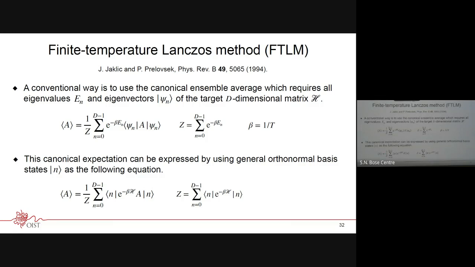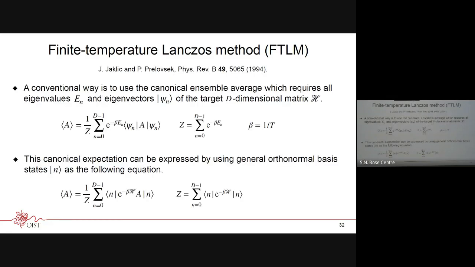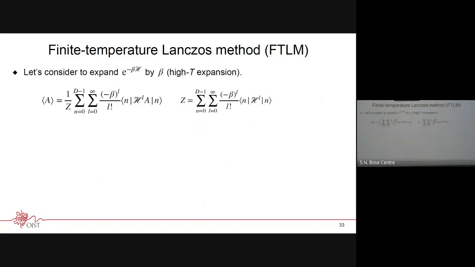So that is linear algebra. Let's think about expanding exponential minus beta H acting on the vector. That corresponds to the high-T expansion. So the formula can be written in this form.